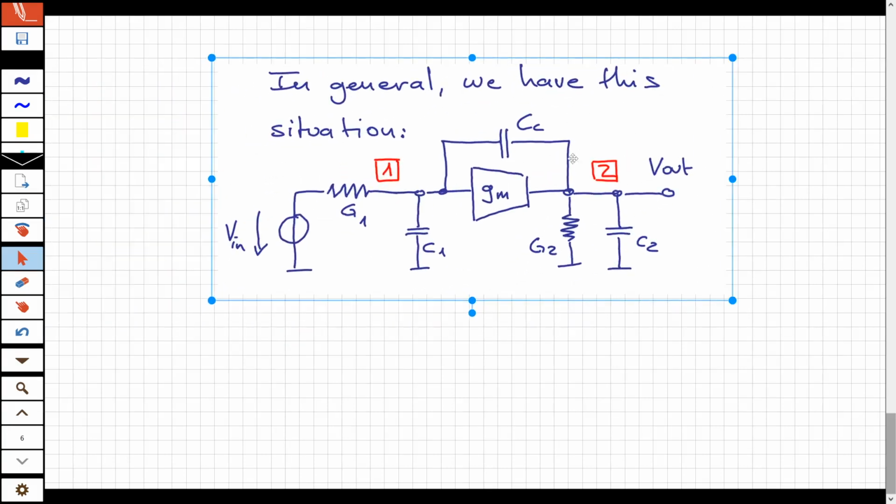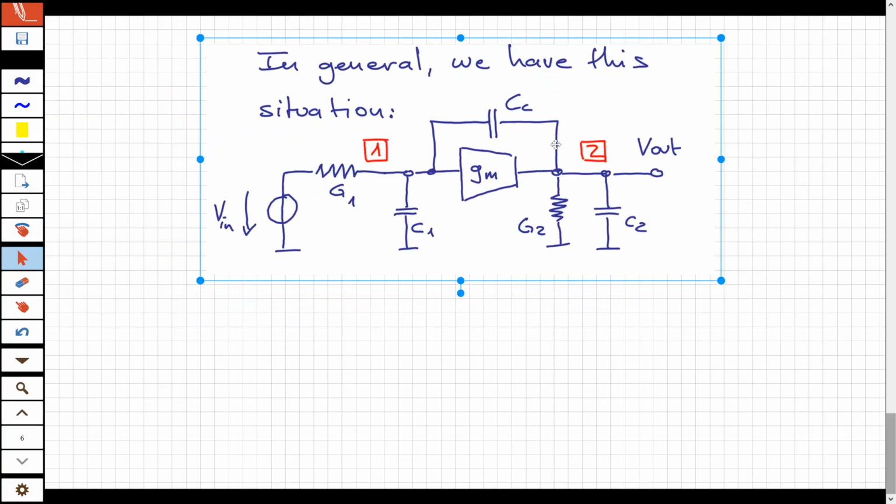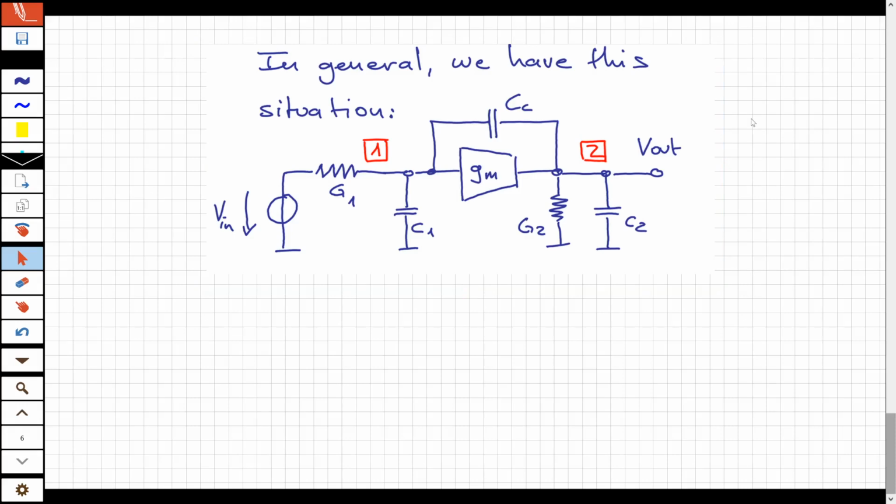Okay. So in general, we have this situation here in the Miller effect. Now, what does it mean here? This is an amplifier, and the amplifier has a gain, doesn't it? The gain is negative. We calculated that before. Very many one-transistor amplifiers have a negative gain.